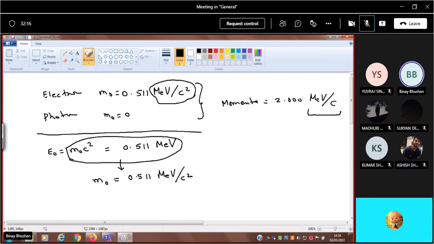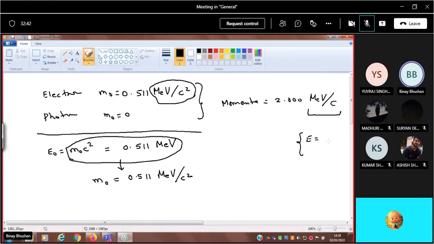Why? Because, what is the relation between momentum and energy of a massless particle? What is that? Sir, E equal to root over E naught square plus P square c square.